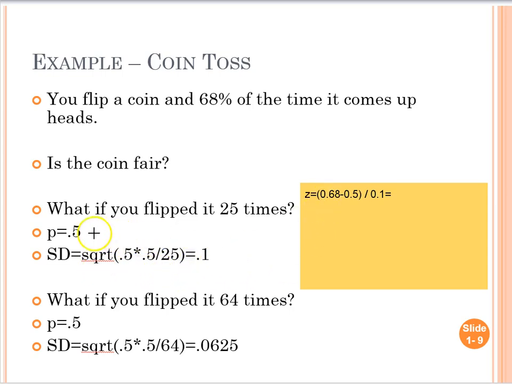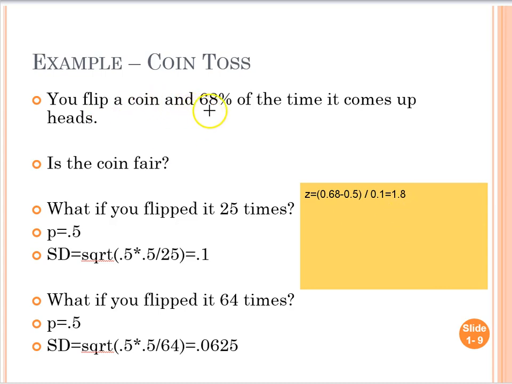We can use that mean and standard deviation then to calculate our z-score. So we put our observation first, the mean is subtracted off, and then we divide that difference by the standard deviation, and that's what I've done here. When I calculate this out, I get a z-score of 1.8. So this number represents how unusual getting 68% heads is.